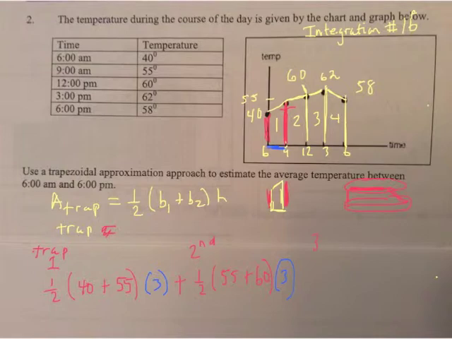Third is 1/2 the 60. 60 is being used in trapezoid 2 and in trapezoid 3, plus 62, times our base, which is 3. And then the fourth is 1/2 of the 62. Likewise, it's being used in 3 and in 4, plus 58.